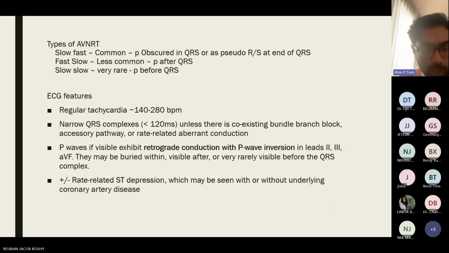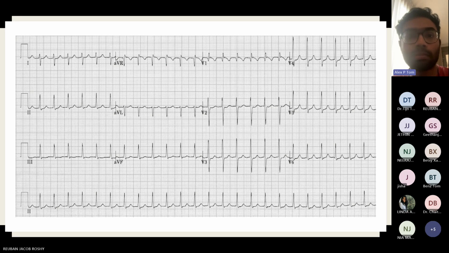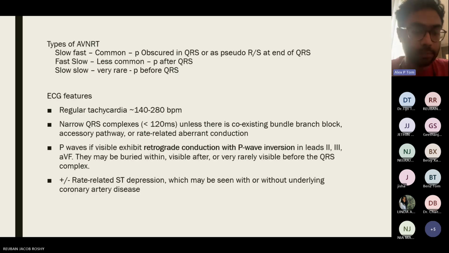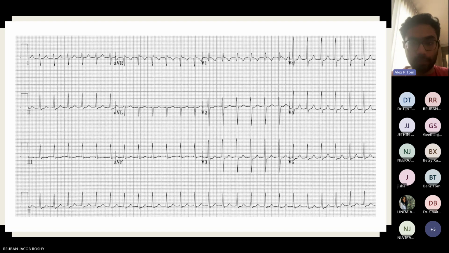Okay, so if you take a look here, this is an example of AVNRT.